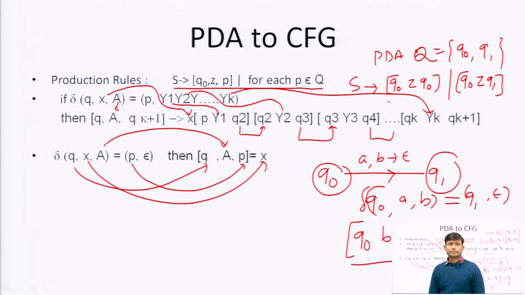If a pop transition is there, you have to find a production with a single terminal, [Q0, B, Q1], and in this example we got V to T, where T is a terminal symbol. So we will see one example, then it will be clear to you.